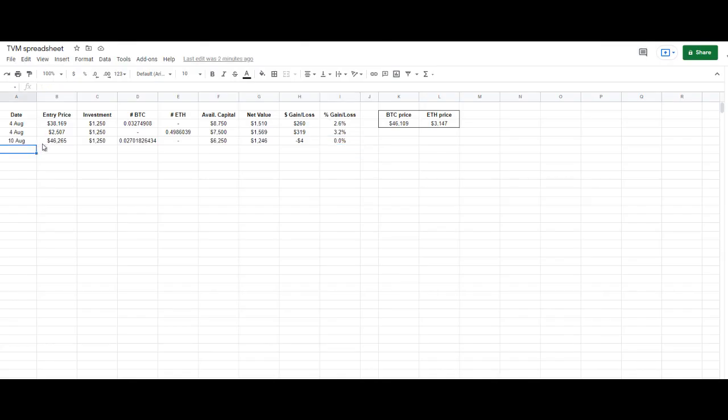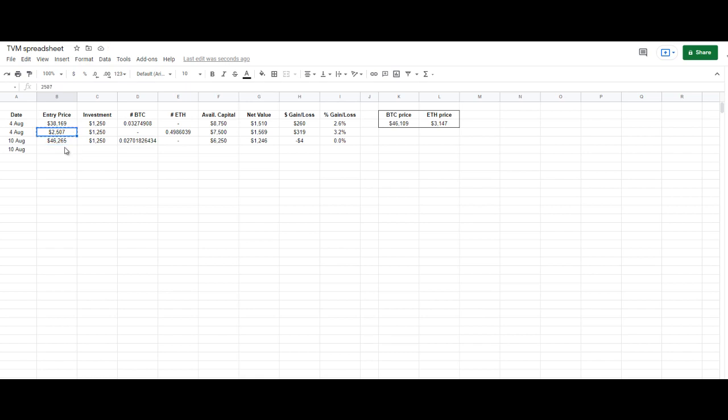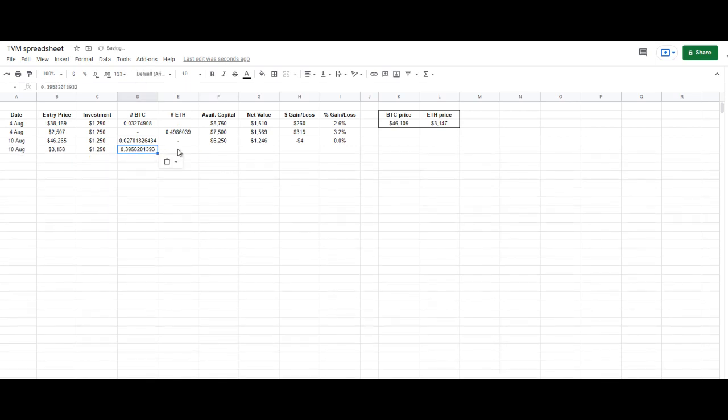All right, so let me update my spreadsheet again. Current market price that I enter at is 31.58. Okay, investment $1,250, and that would get me this number of Ether.